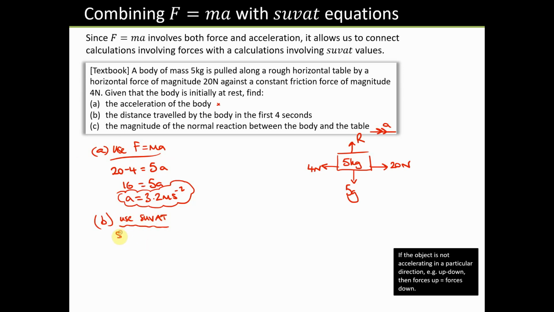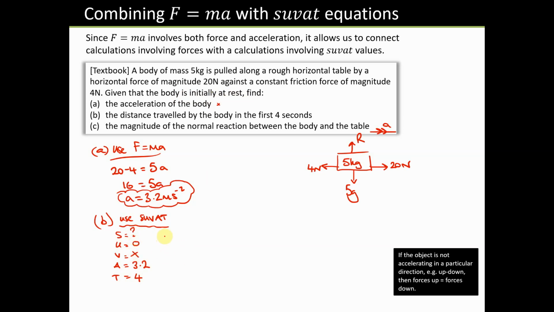So let me get my SUVAT written down. We're wanting to find the distance travelled in the first 4 seconds. We know the acceleration is 3.2. Well, we need one more thing in here, given that the body initially is at rest, so therefore my initial velocity is 0.